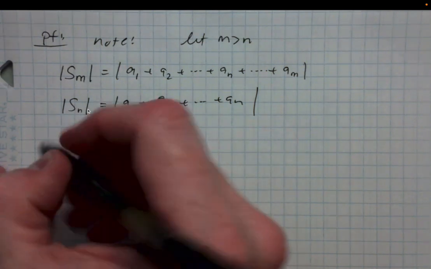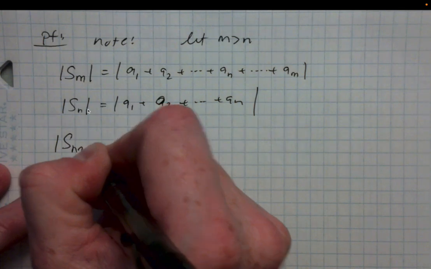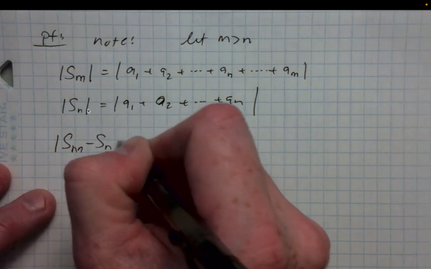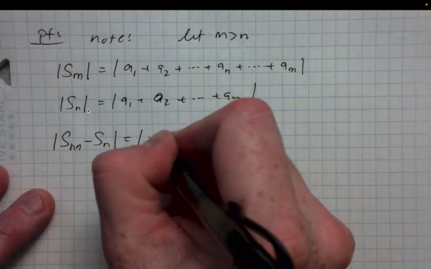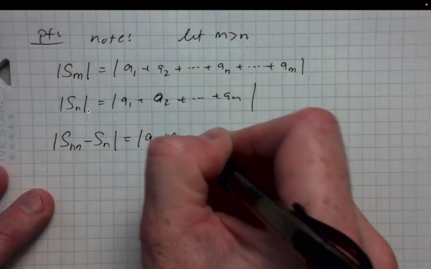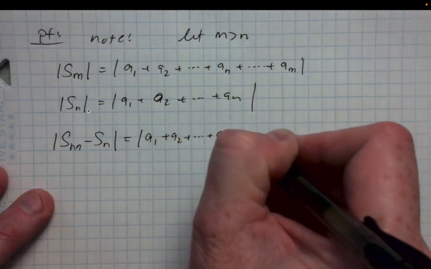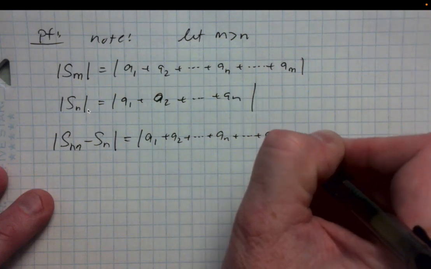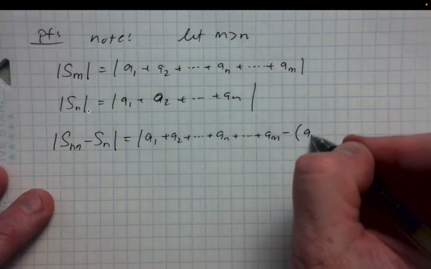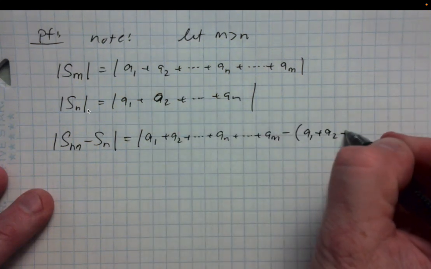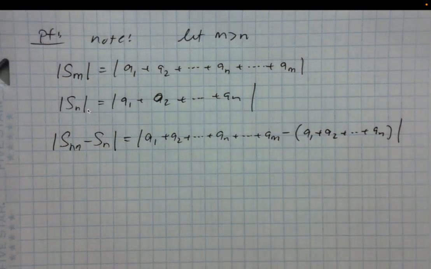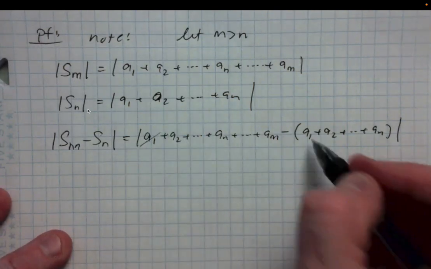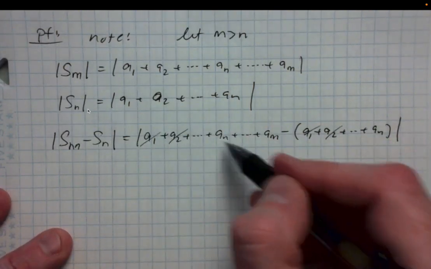So if I were to take the absolute value of s sub m minus s sub n, what do I get? Well, I have a sub 1 plus a sub 2 plus dot dot dot plus a sub n plus dot dot dot plus a sub m, minus a sub 1 plus a sub 2 plus dot dot dot plus a sub n. You can obviously see the a sub 1 drops out, the a sub 2 drops out, the a sub n drops out.